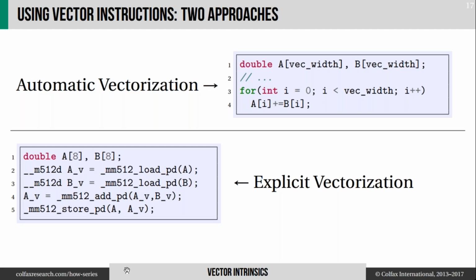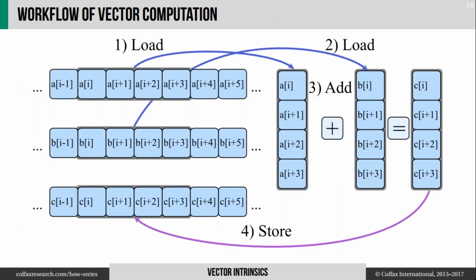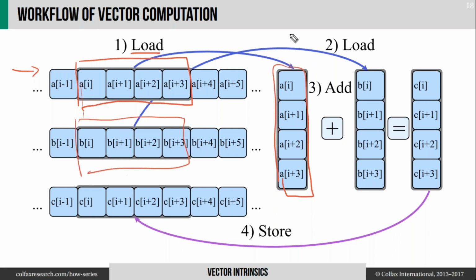I'm showing this to illustrate to you that the workflow of vector computation usually involves 3 or 4 operations. If you have data stored in memory, then the first order of business will be to load a piece of this data from memory into a vector register. This data lives in the memory or in a cache. The register lives on the core. If you have 2 operands, then step 2 is to load the second operand.